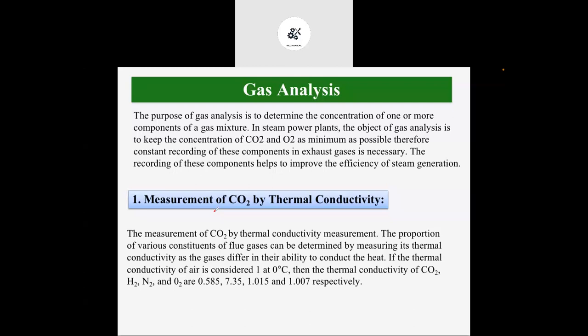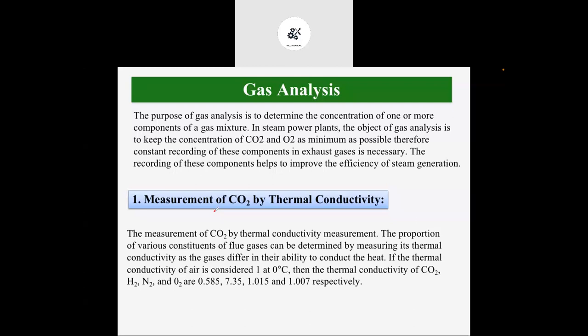Before treating the flue gases, we have to measure how much of the pollutants are present inside them. Also, by measuring the constituents of the flue gases, we can predict the efficiency of combustion.